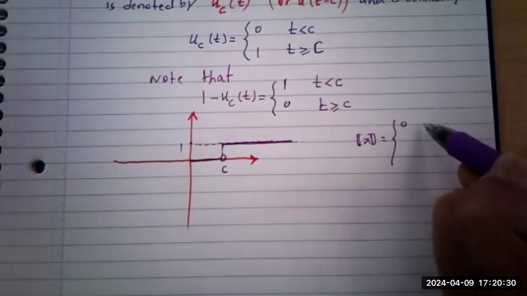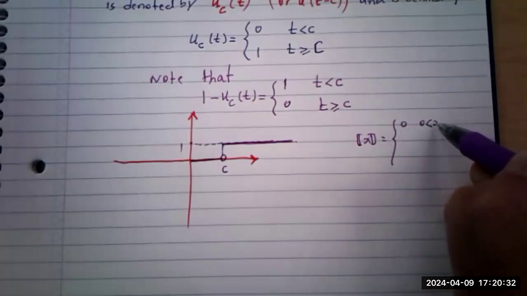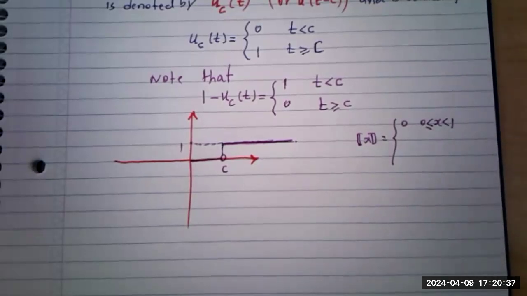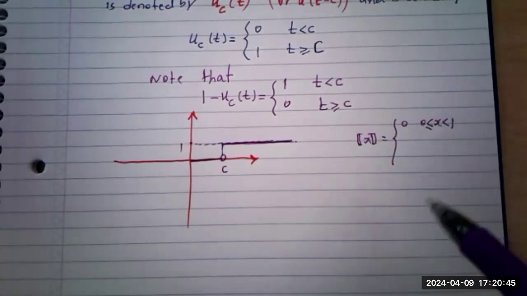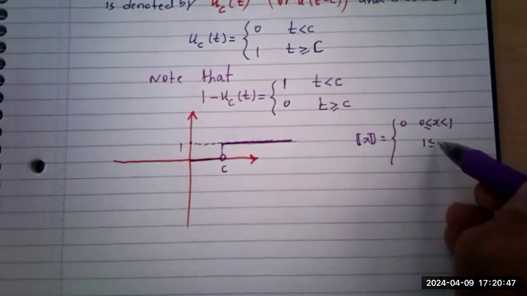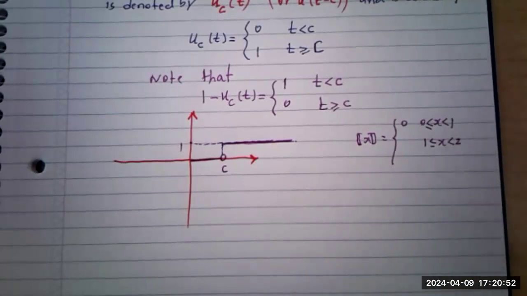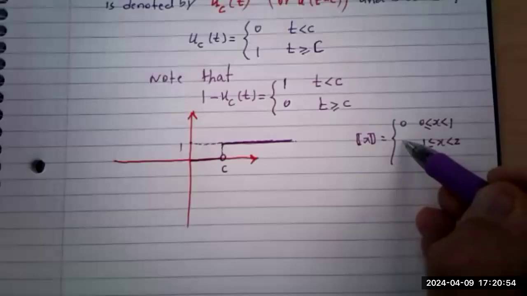We call it 0 when x is between 0 and 1, because if you consider all the numbers between 0 and 1, the greatest integer part of those numbers would be 0. Okay, because you are not going to consider the 1. And if you go with 1 and 2, all the numbers between 1 and 2, if you take the integer part, would be 1.